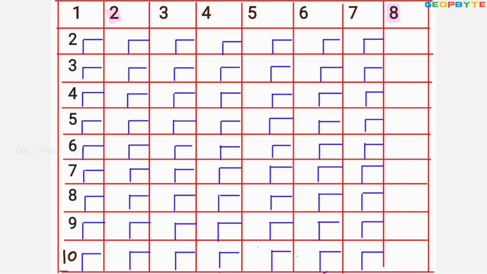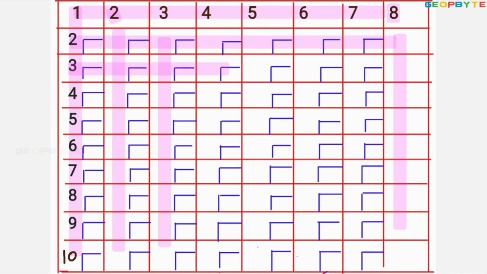To prepare the tables from 2 to 8, I have selected 8 columns, 1, 2, 3 up to 8, then 10 rows, 1, 2, 3, 4, like that up to 10 rows. I am going to explain very easily. You try to focus on the topic we are going to discuss.